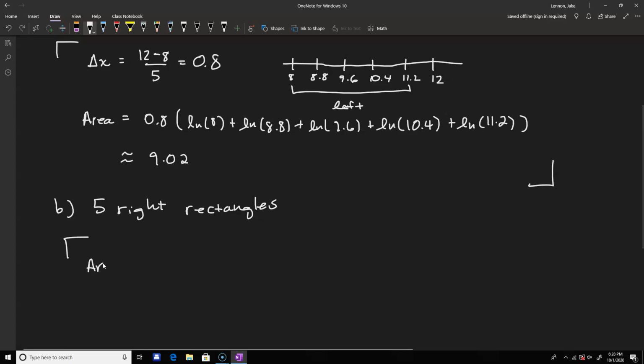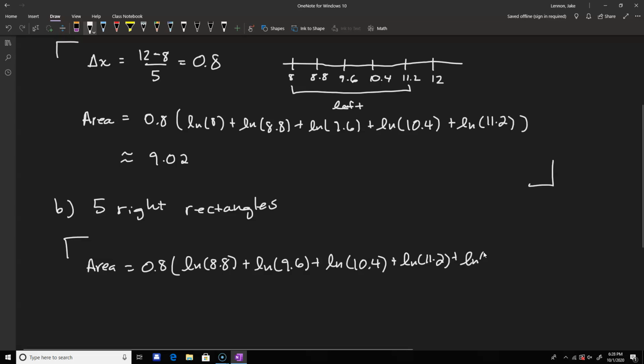So our area here is pretty much the same formula, but we're starting at natural log of 8.8 and finishing at natural log of 12. So plus the natural log of 9.6 plus the natural log of 10.4 plus the natural log of 11.2 plus the natural log of 12. And this one, the right rectangle, comes out to 9.34.